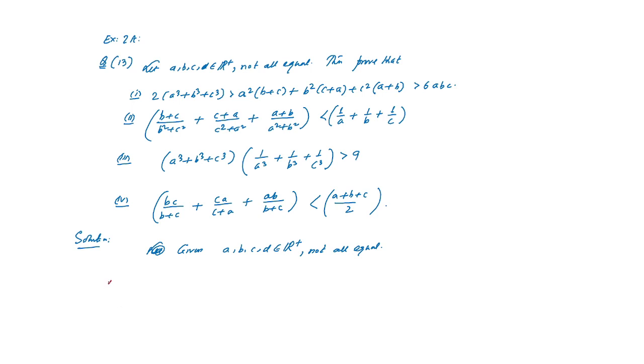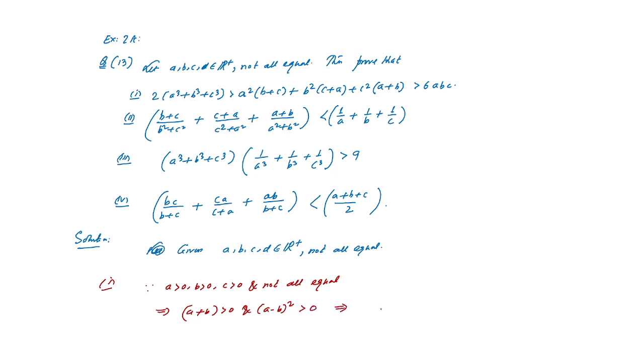So now we'll start the first problem. Since a, b, c are positive real numbers, a greater than 0, b greater than 0, c greater than 0, and not all equal. In that case, we can write a plus b must be greater than 0 and a minus b whole square is also greater than 0.